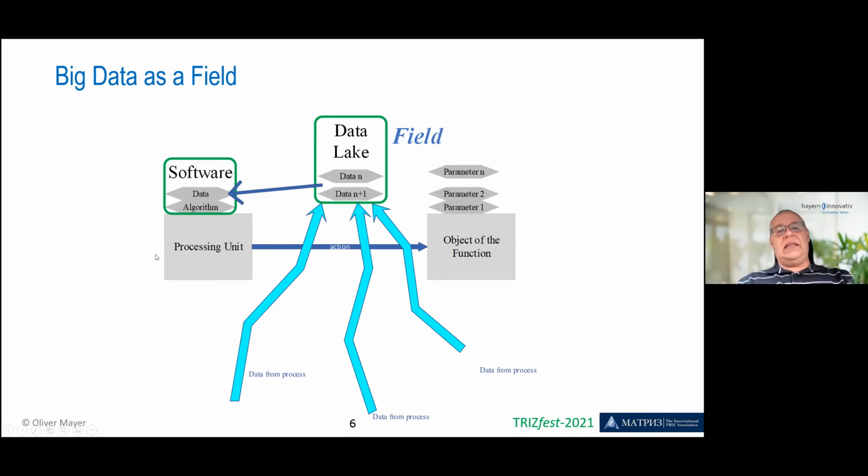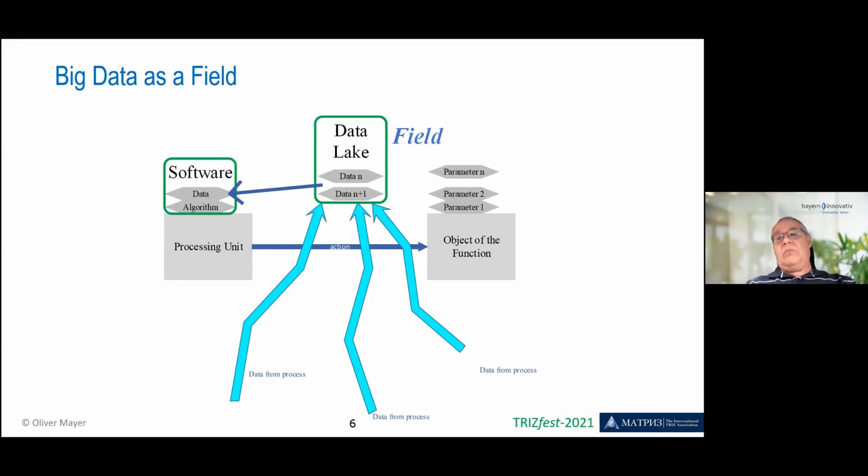Or this could become an artificial intelligence, which continuously uses its data and on its own changes this data again. So the question, or better said the proposal, is that we take the data lake, big data, or also artificial intelligence algorithms as a field, because they have no mass, but they have a very massive impact on the system, and work on them.